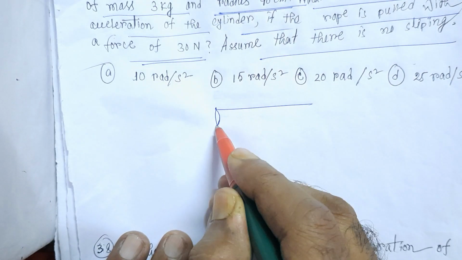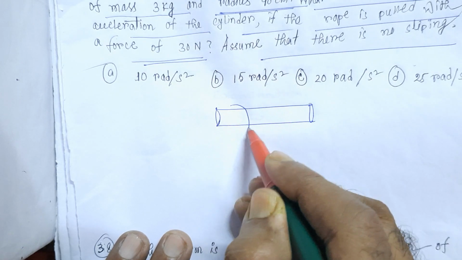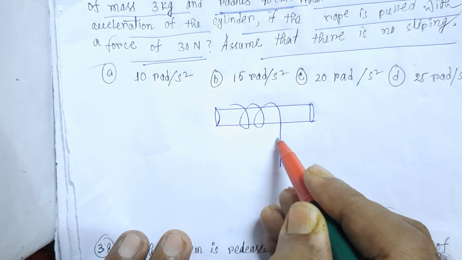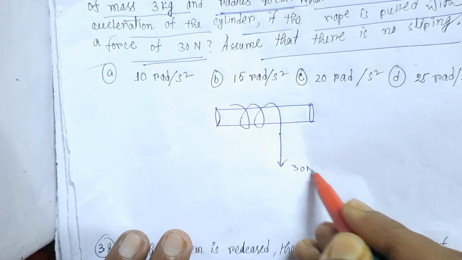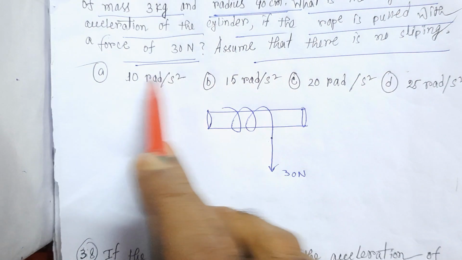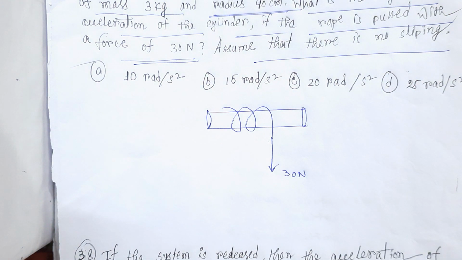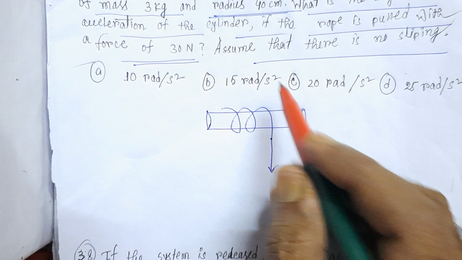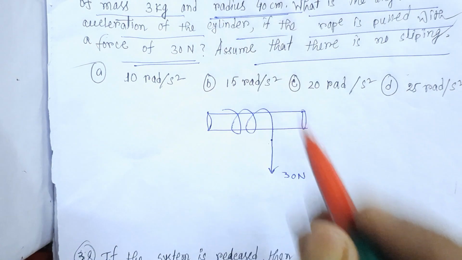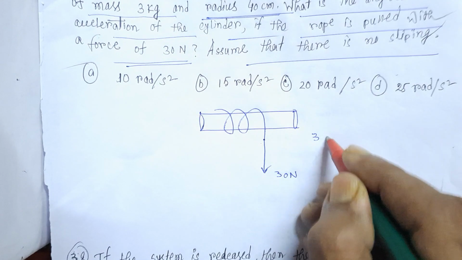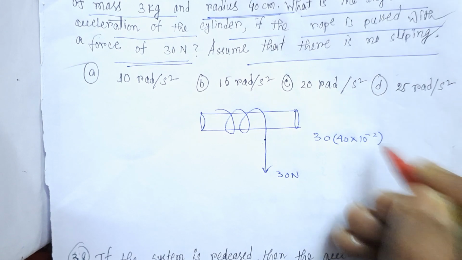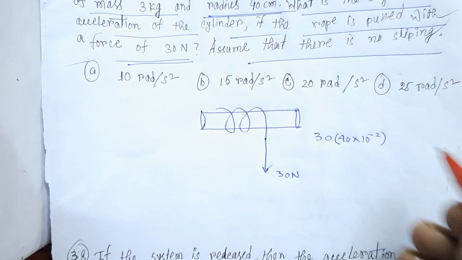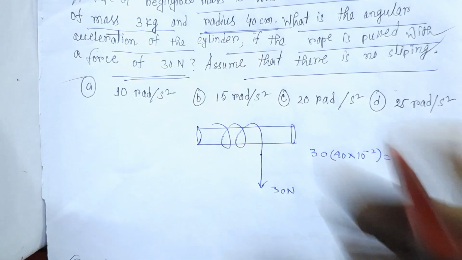Assume that there is no slipping. When it is pulled with 30 Newton and radius is 40 centimeter, then torque applied is 30 into 40 into 10 to the power minus 2 Newton meter equals I alpha.